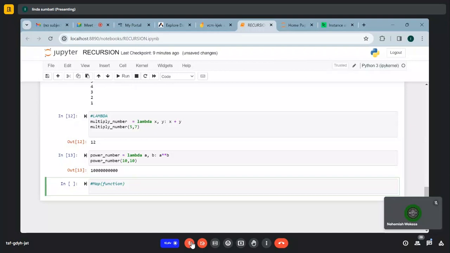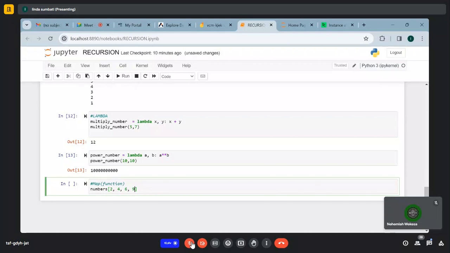Okay, so for example, let's say you have a list of numbers, and let's say you have 2, 4, 6, 9. So those are the list of our numbers. So you want to maybe map the function to apply the lambda function so that it can look at each element in the list.